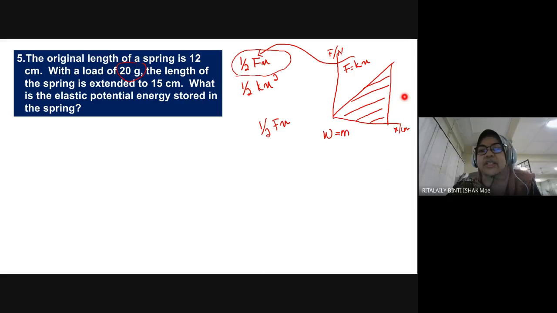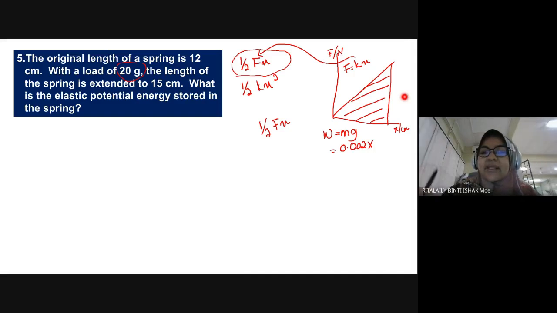so mg, and the mass is 20 gram, so we need to convert to kg. Okay, so 20 gram per tukar kepada kg is 0.02, times 20 divided by 1000 kan. 20 divided by 1000, 0.02.